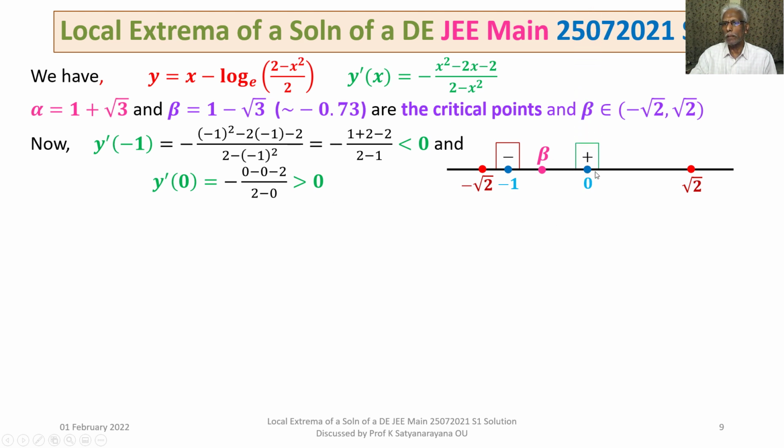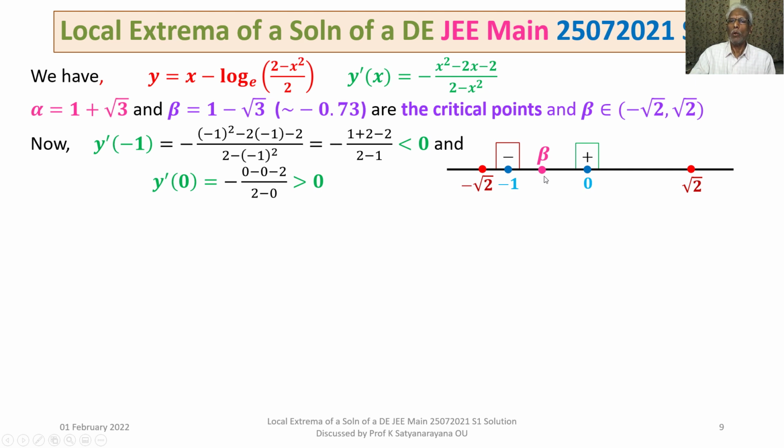That means, moving from left to right, what we see is f prime changes sign from negative to positive while crossing beta.